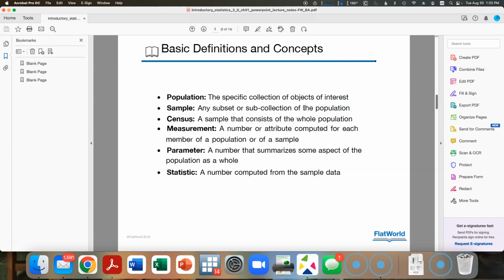Essentially, what a population does for us is it identifies probably the largest grouping that we can have here. An example of a population would be automobiles in the United States. From the textbook, this example is given. If we looked at all the automobiles in the United States, that would be the population.